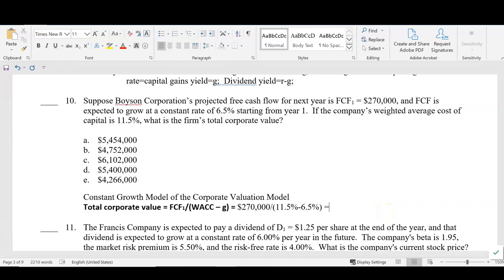We should have option D, $5,400,000 as the total corporate value.